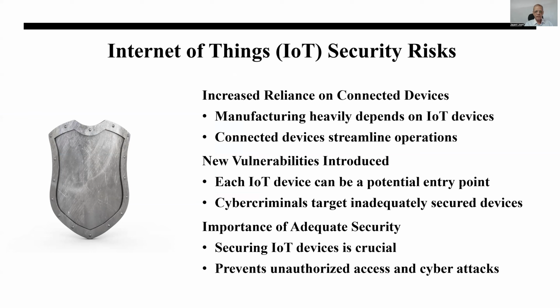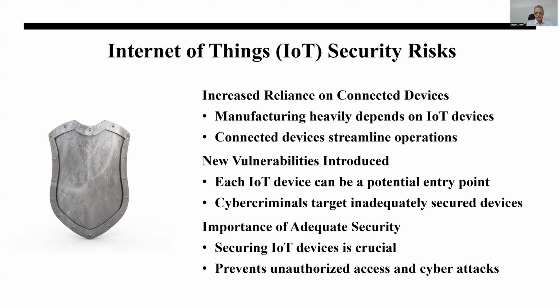As I mentioned earlier, the Internet of Things carries more security risk. We are relying on connected devices and sensors, or maybe RFID devices. Manufacturing is now depending more and more on those IoT devices, and we want to connect those devices to streamline the operation, whether it's regulatory required documentation, production data, or the movement of product and batches.